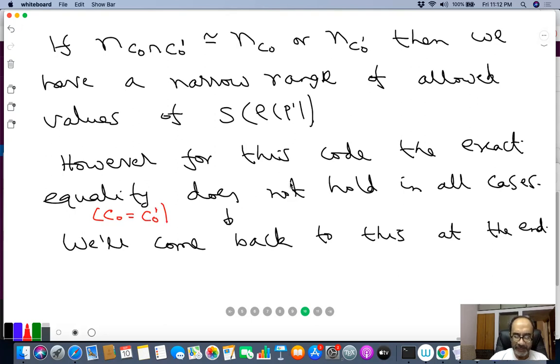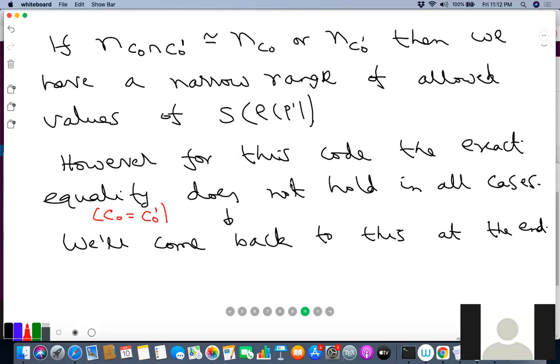If you look at a paper, there are arguments which show under what conditions, if you take the large volume limit, the error is small compared to the volume. So there are various limits in which you can improve this equality, where the difference becomes small compared to the actual values. But still, it doesn't hold in all cases. So this code is a good toy model, but it doesn't satisfy all the properties that are desired.